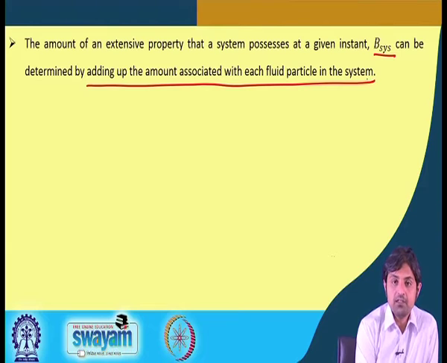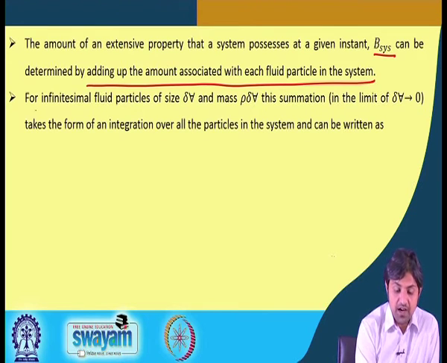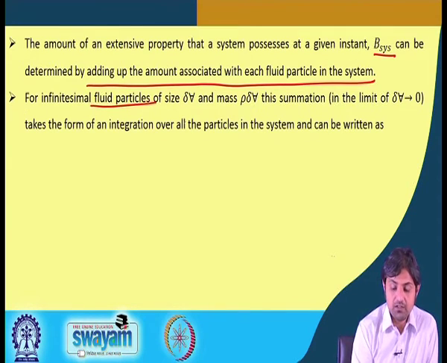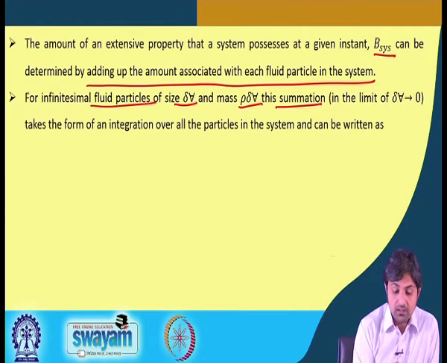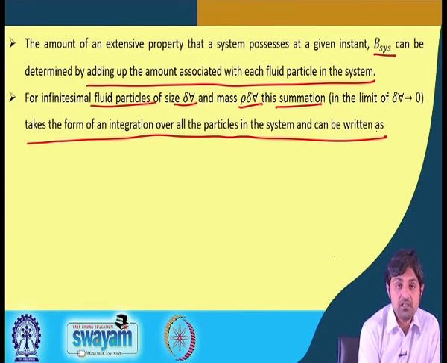So, B system can be calculated by summing up the capital B of each particle. For infinitesimal fluid particles of size delta V and mass rho delta V, this summation takes the form of an integration over all the particles in the system.